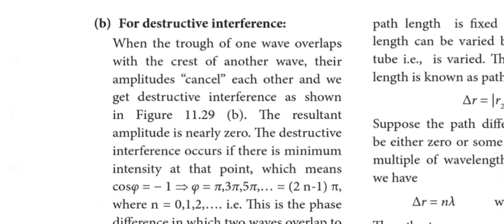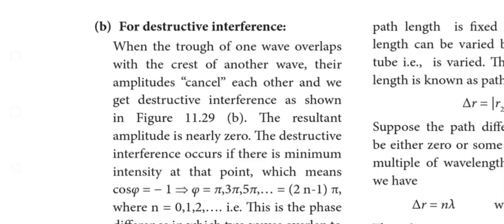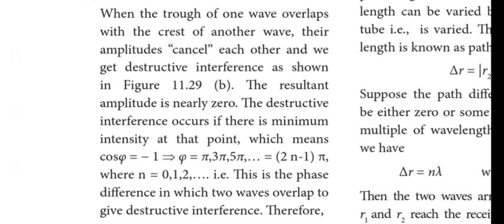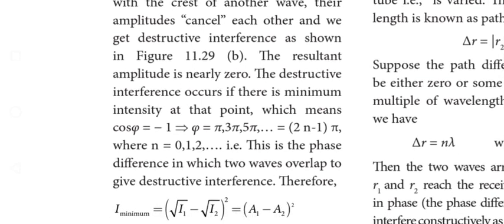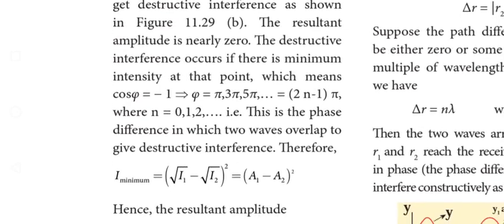Crest and crest overlapping is constructive interference; trough and crest overlapping is destructive interference. The amplitudes cancel each other, so we don't get a wave formation, just a straight line. So the resultant amplitude will be 0.